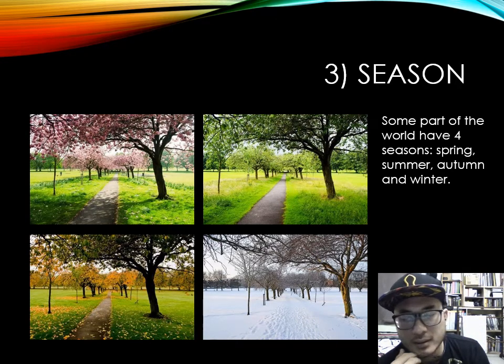How do these seasons happen, and how do they actually affect the daylight? Each season has a different kind of light intensity, especially the sunlight, but they also affect the daylight a lot.